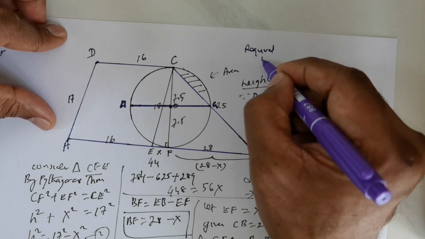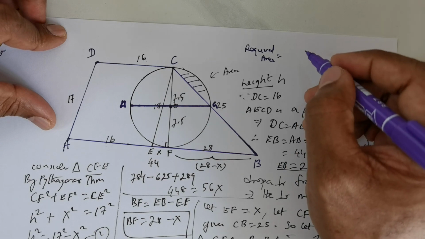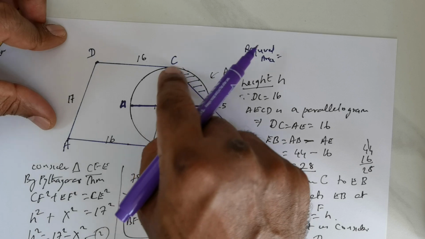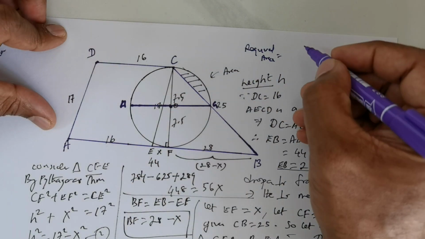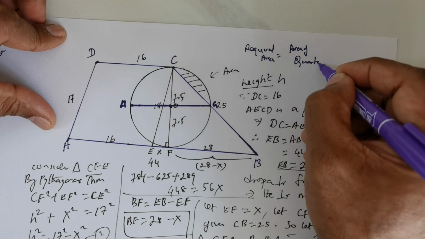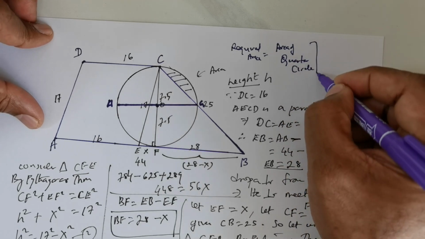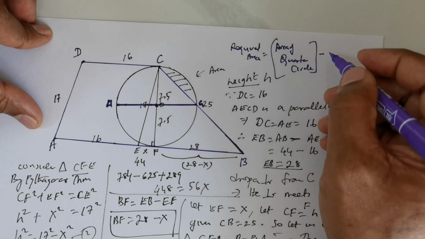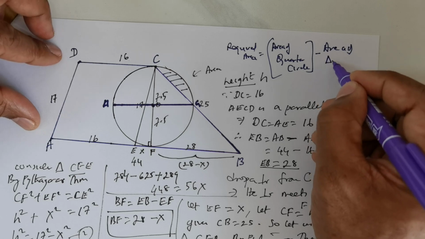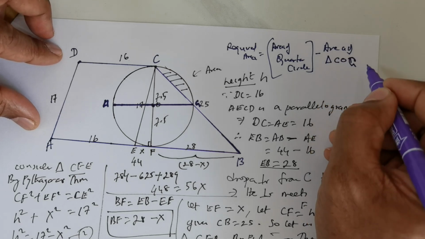Required area is equal to area of this region. So this is a quarter circle. So area of the quarter circle, and from the area of the quarter circle I subtract the area of triangle COG, right?